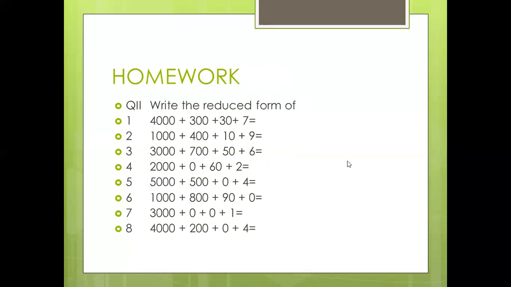Your question 2 is write the reduced form. The first sum is 4000 plus 300 plus 30 plus 7 is equal to dash.